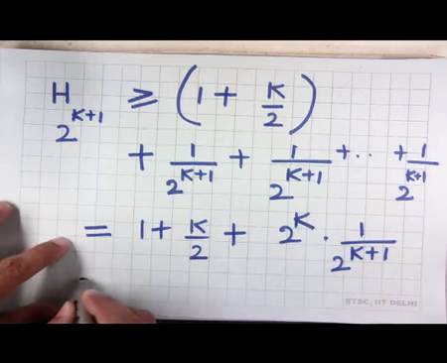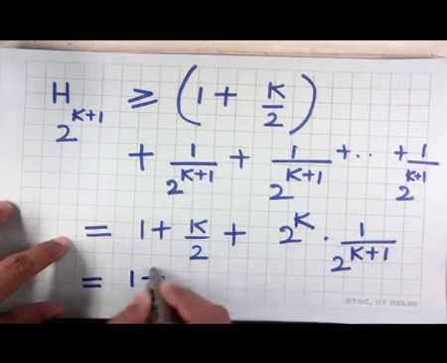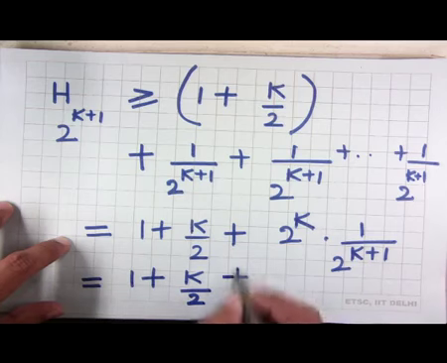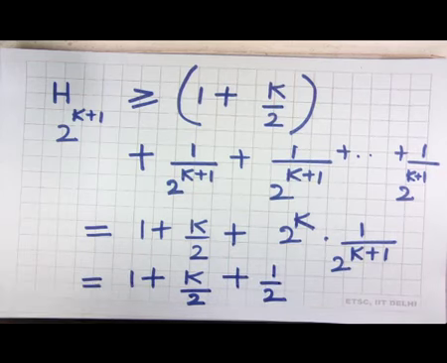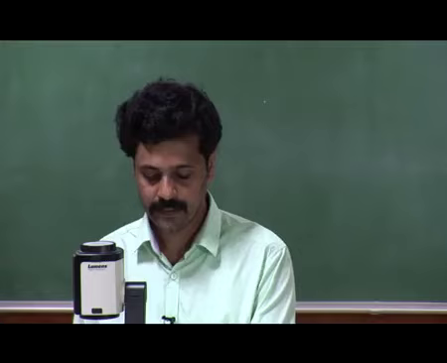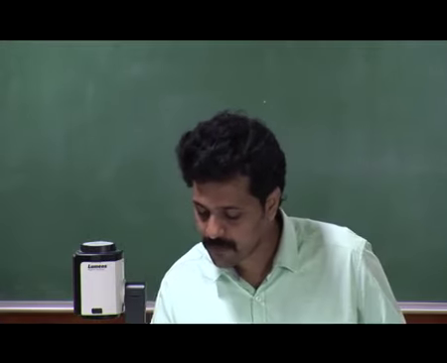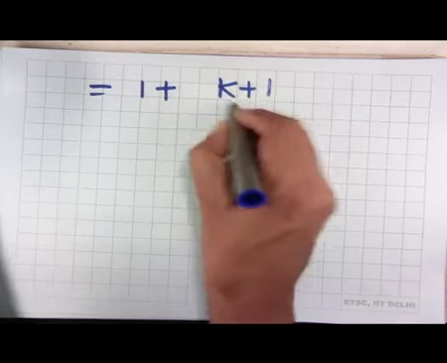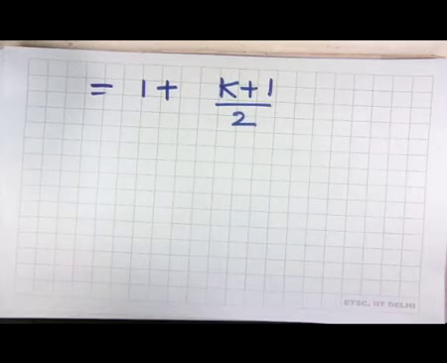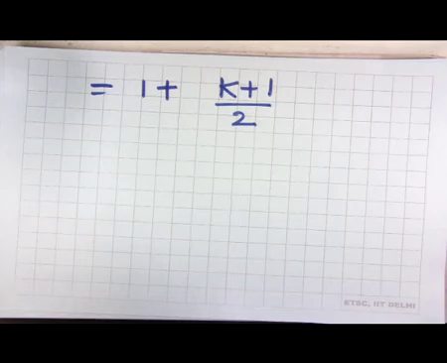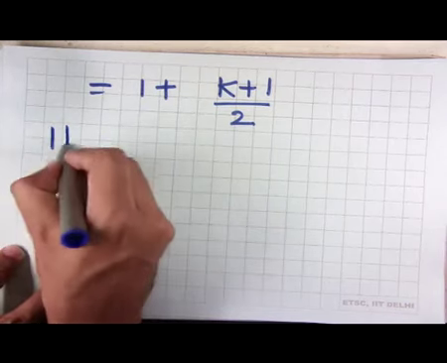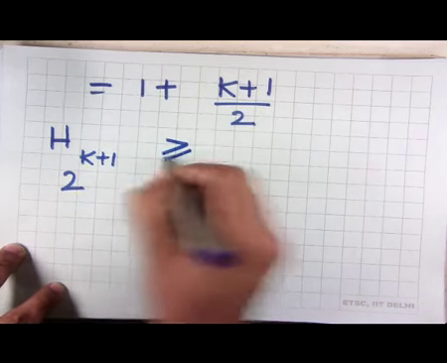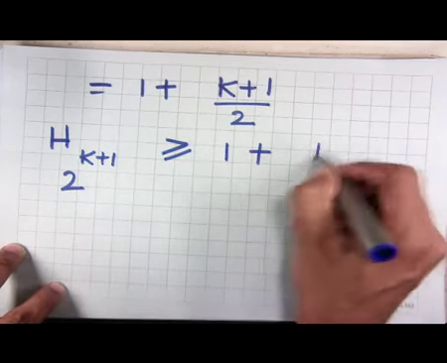Now, a little manipulation, namely the cancellation, will show that this is 1 plus k by 2 plus 1 by 2, right. That is 1 plus k plus 1 by 2. Wow, this is what we intended to do. So, we got H 2 power k plus 1 is greater than or equal to 1 plus k plus 1 by 2.